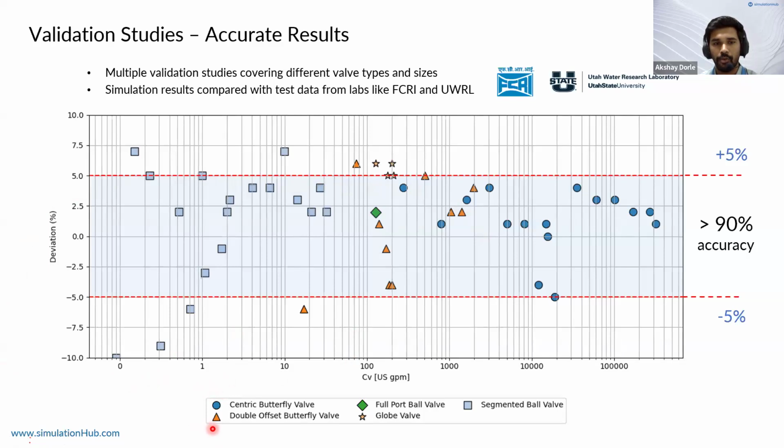There are various types and sizes of valves simulated, and all have been noted to fall within the 90% accuracy band. Even more so, there's a concentration of points where it's up to 95%, and in some cases 100% accurate. So for any given simulation, any given valve, at any given opening, we lie in this 90% accuracy band.